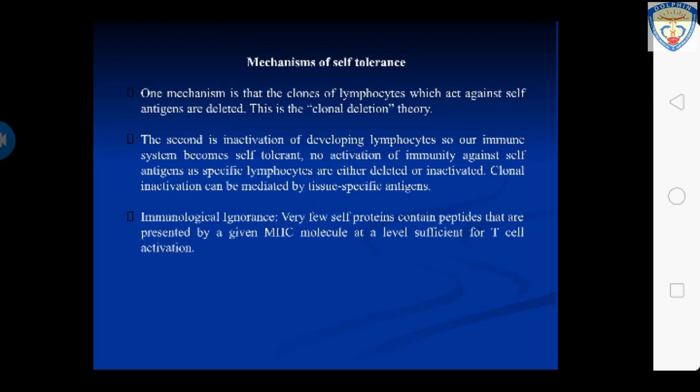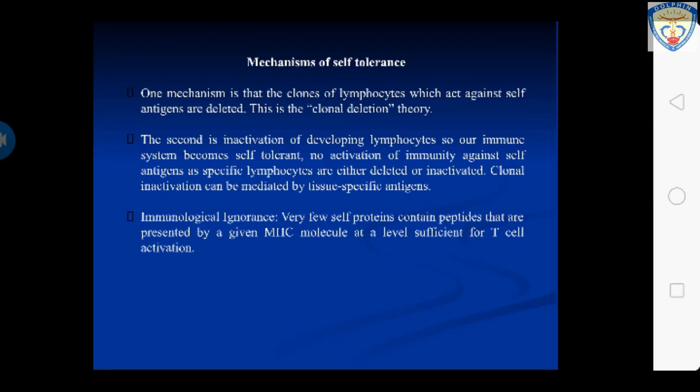During the embryonic development only, various lymphocytes are already developed against different foreign pathogens or foreign antigens which our body can encounter during our lifetime. So during that period only, the body is trained to differentiate between self and non-self, and in that case, if any lymphocyte is generated that can act against our self-antigens, it is deleted through clonal deletion.